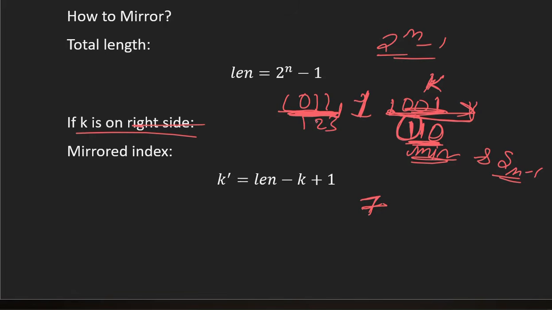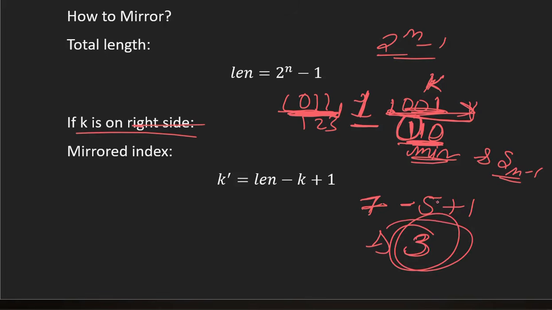So if k is greater than the middle element, then we update k so that we map it to the previous string. So 7 minus 5 plus 1, that is 3 only, right? So we have updated k.